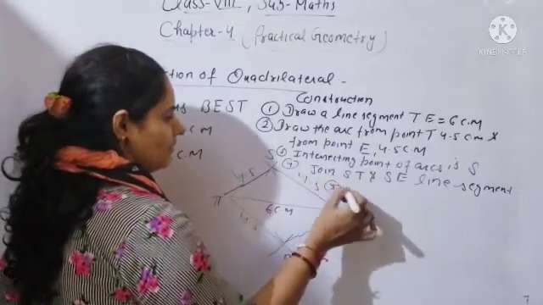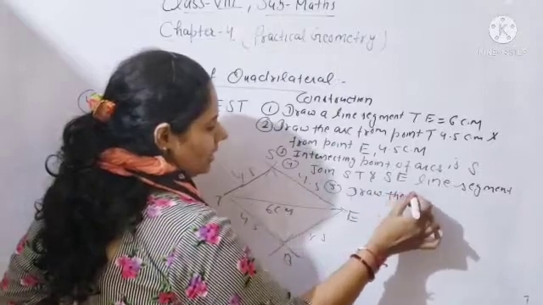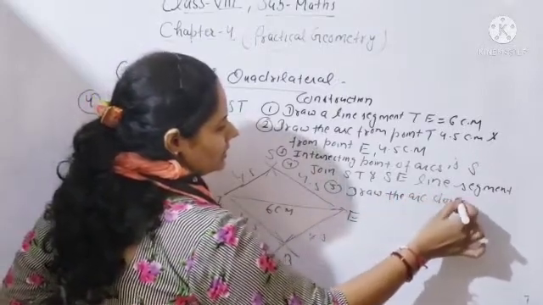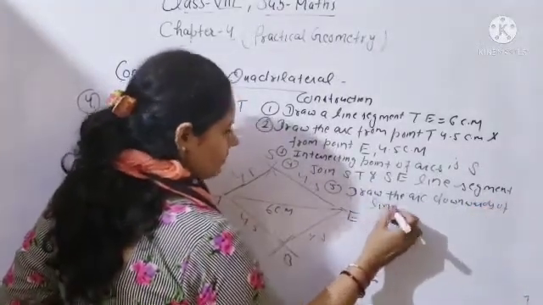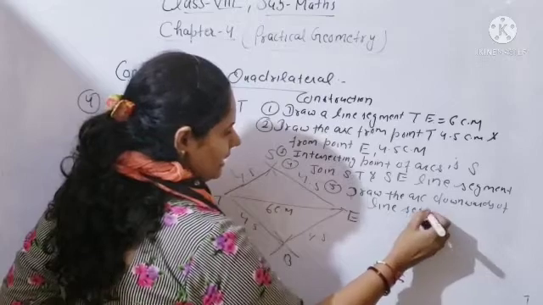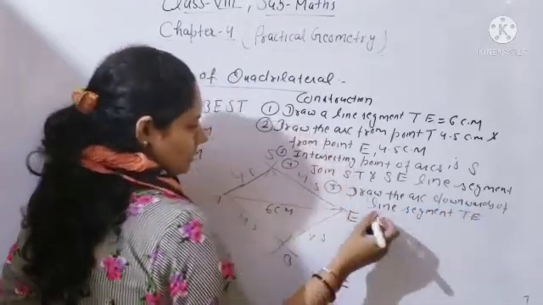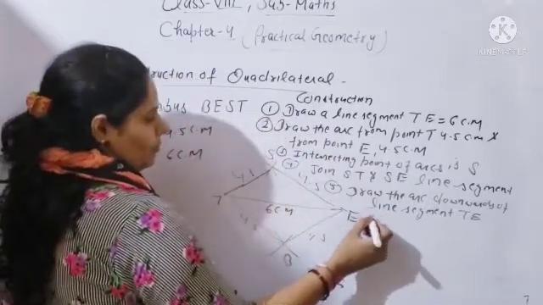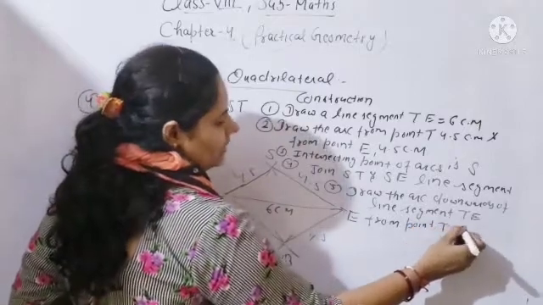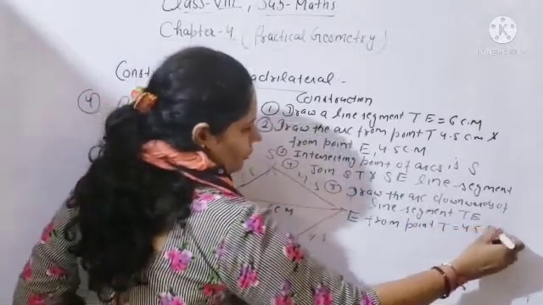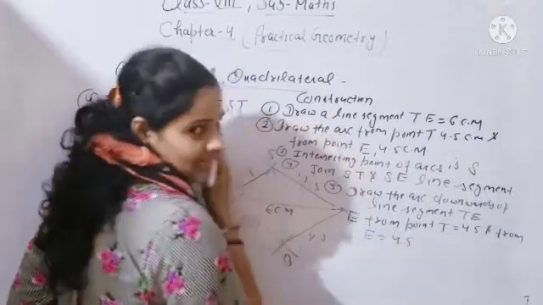So fifth point, draw the arc downwards of line segment, or you can say diagonal, line segment TE, from point T equal to 4.5 and from E also 4.5 because it is rhombus, so all the sides are equal.